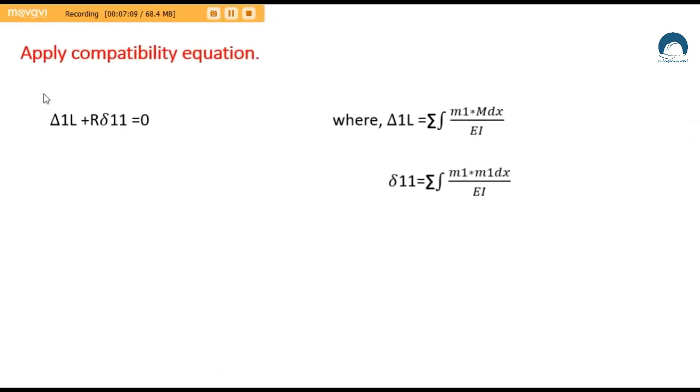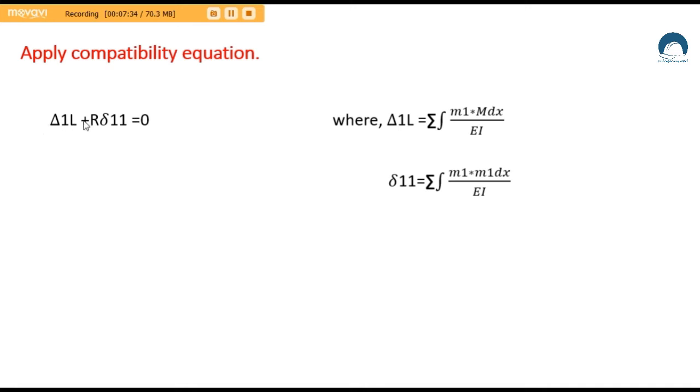Now, as I said earlier about the compatibility equation, this is the compatibility equation for a single redundant system. For a single redundant system, the compatibility equation reduces to delta 1L plus R del 11 equals 0. For a multiple redundant system, the compatibility equation changes as per its requirement, which we will discuss in our next video.